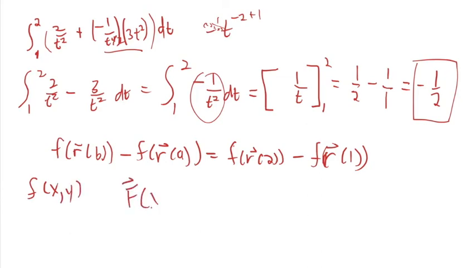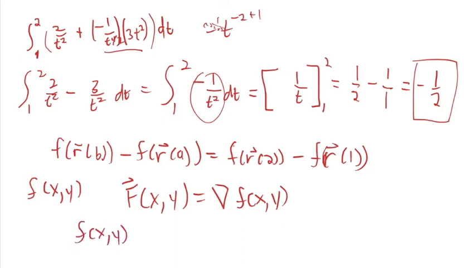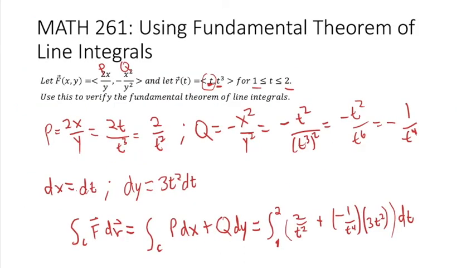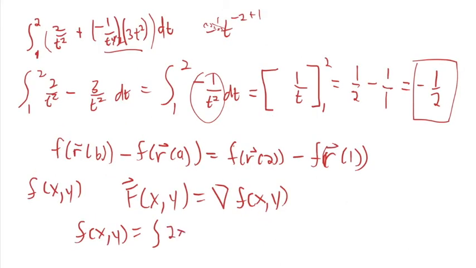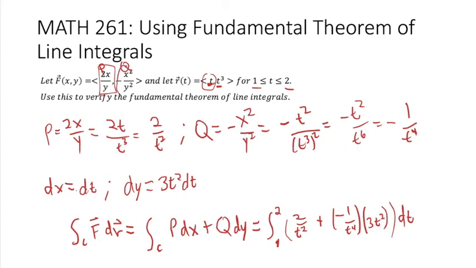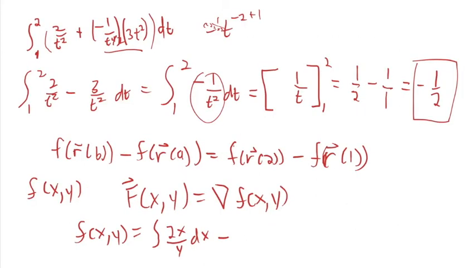So we know that big F of xy is the gradient of f of xy. So if we just reverse this, we can find that f of xy is going to be the integral in terms of x of the x portion, and the integral of the y portion in terms of y.